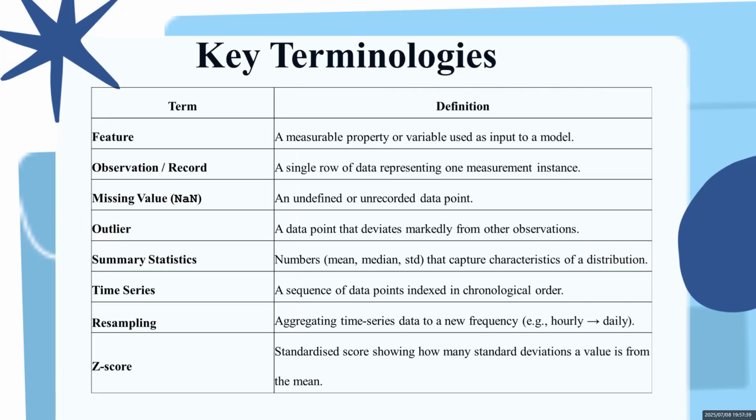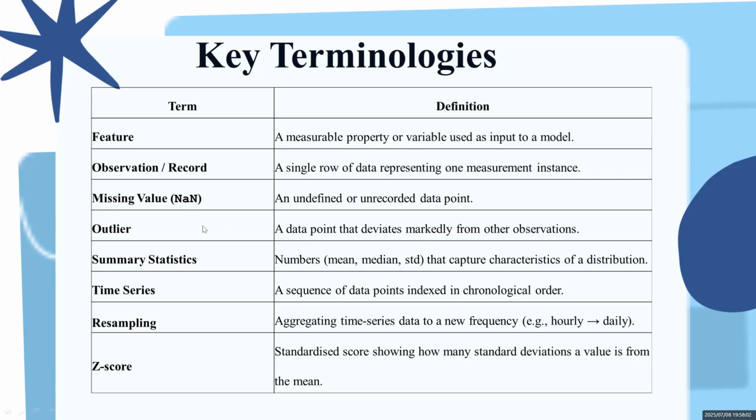In this case, we say that it is a single row of data representing one measurement instance. And next we have the missing value, also known as NaN, or you could see the symbol as a question mark. That tells us undefined or unrecorded data points.